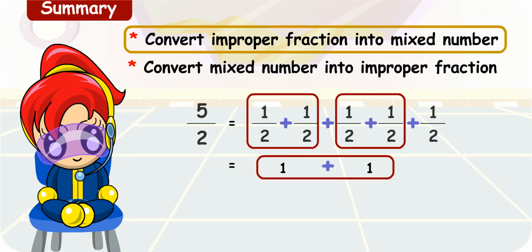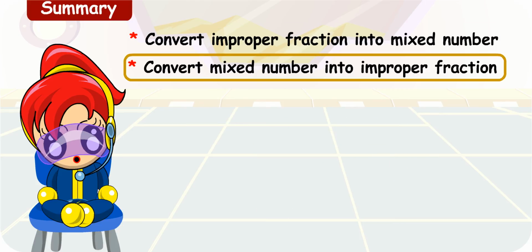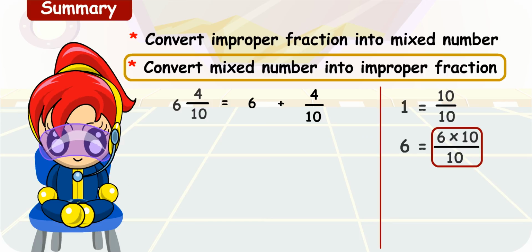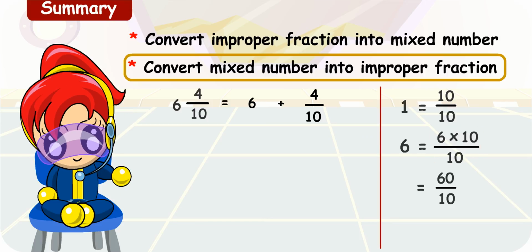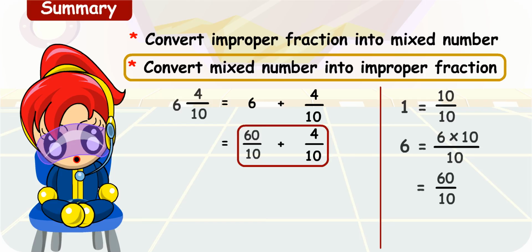Then, I take the wholes and add it to the remaining fraction. What about expressing a mixed number as an improper fraction? To express a mixed number as an improper fraction, I need to multiply the whole number by the denominator and add that to the fraction.